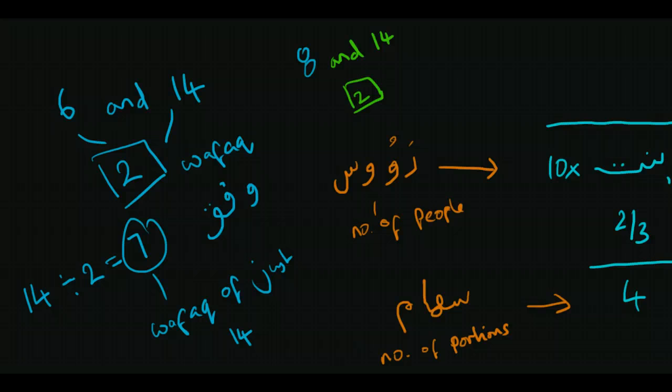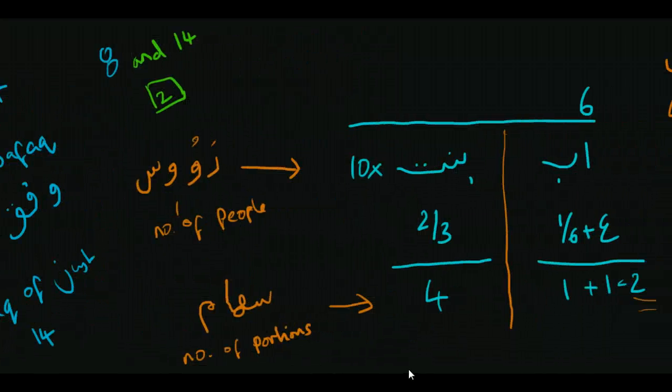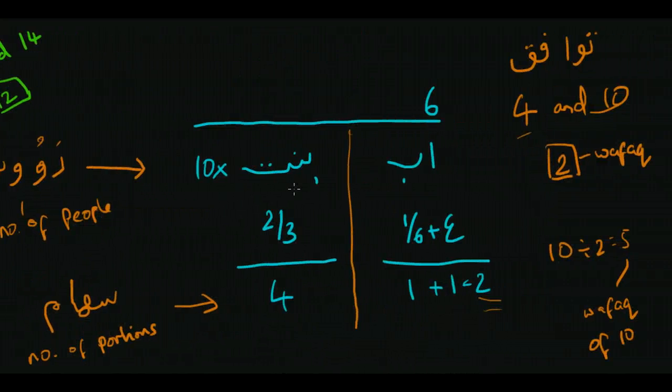But if we go back to this situation, the ru'us is the number of people, and the siham is the number of portions. So we find out the wafaq of 4 and 10, which is 2, and then we find out the wafaq of just 10, which is 10 divided by 2, which is 5.